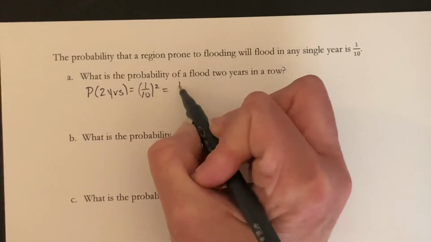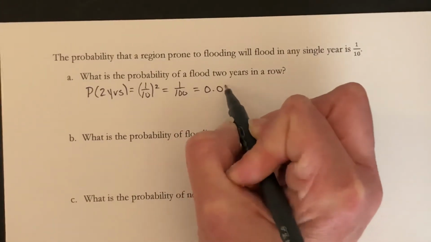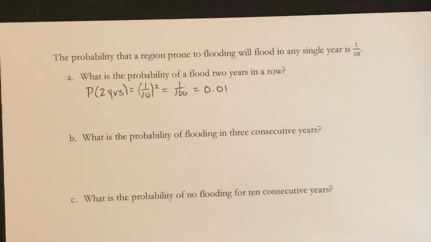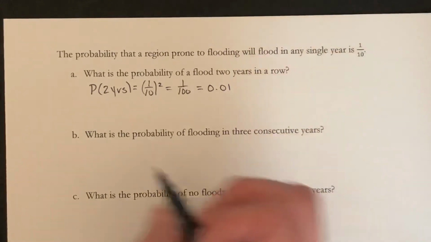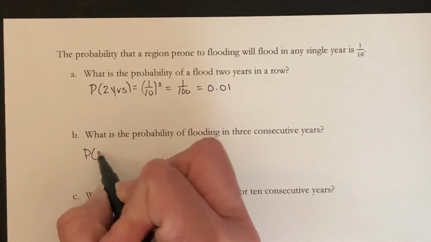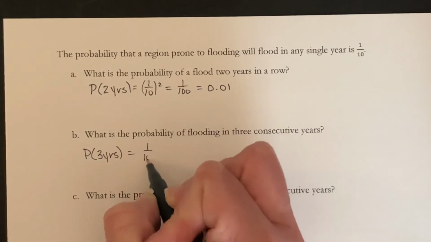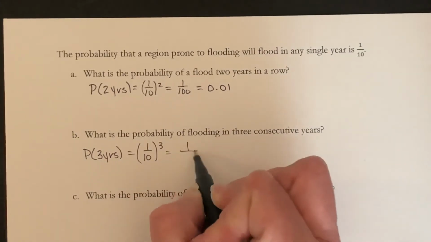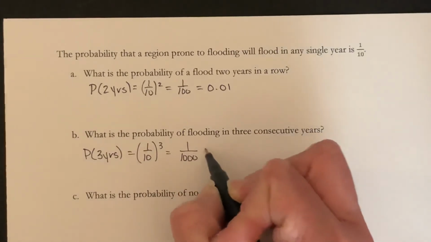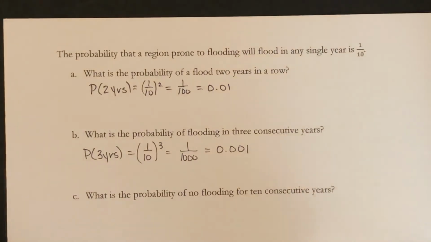So that is 1 over 100, which is 0.01. The probability of flooding in 3 consecutive years will be 1/10 to the third power, which is 1 over 1,000, which is 0.001.